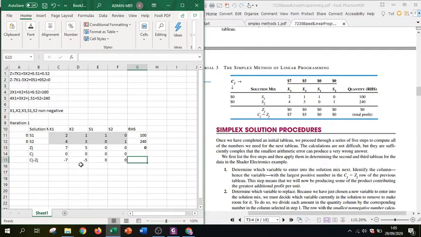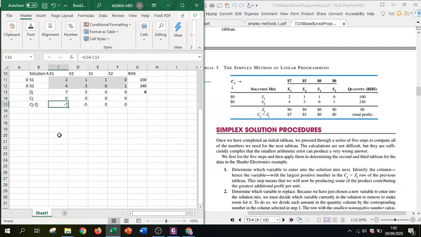We find the smallest value, the least number from this.